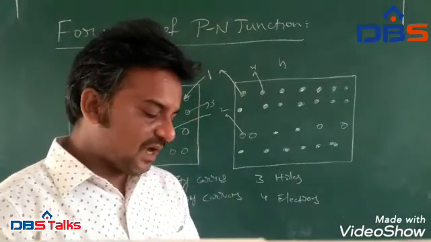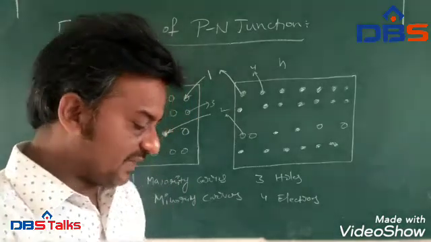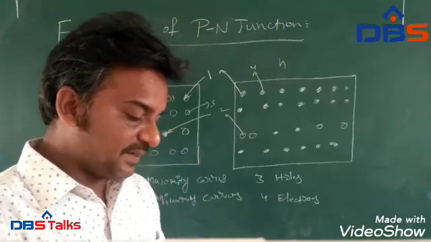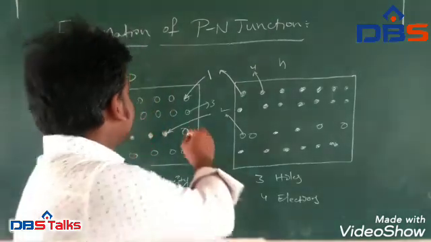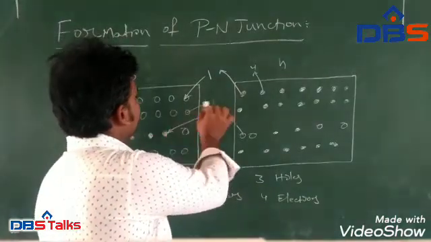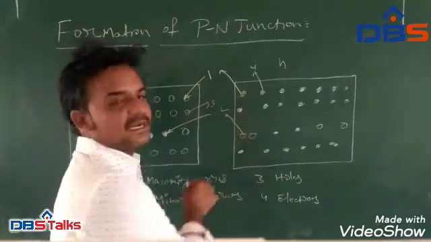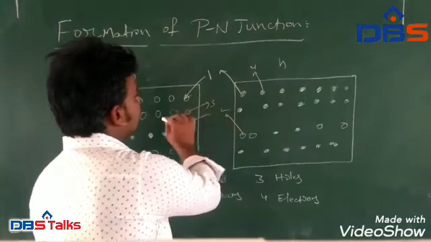So we will see how the depletion region is formed within the semiconductor. The PN junction is formed out of P-type and N-type. Whenever we apply some external voltage to the P-type and N-type diode, a junction is processed.